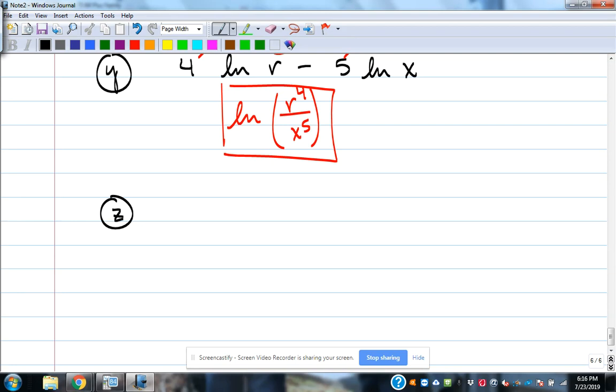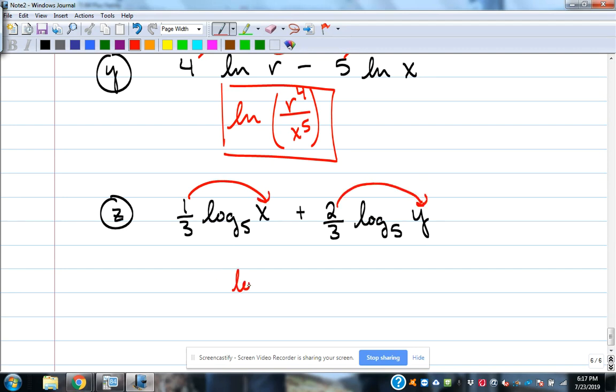Let's take one that's got a few more things going on. Let's take 1/3 log base 5 of x plus 2/3 log base 5 of y. Let's just start with that, and then we'll get one that's got a little bit more going too. All right, so numbers in front become exponents, right?